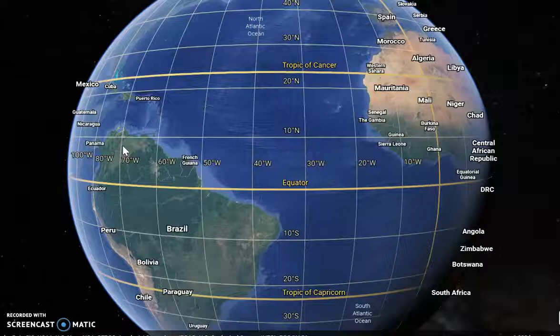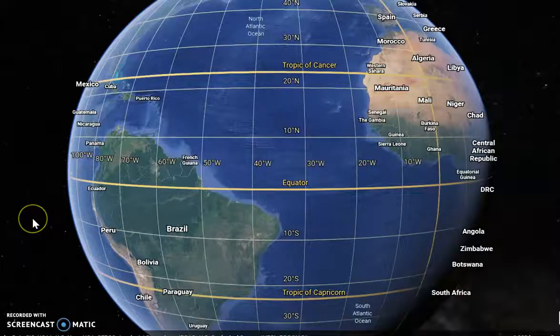So the Earth rotates anti-clockwise, however, the winds blow clockwise. The Earth rotates from west to east, yet the winds blow from right to left, which is from east to west, which is from Africa towards the Americas.